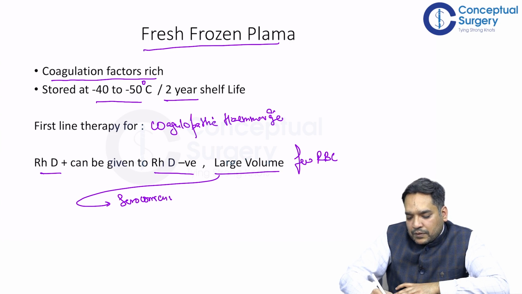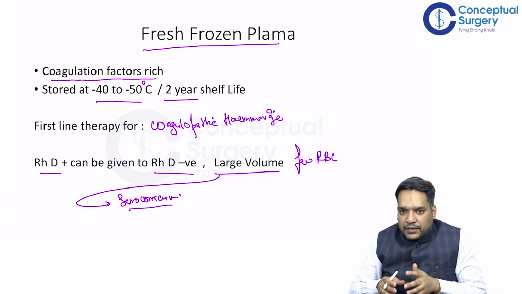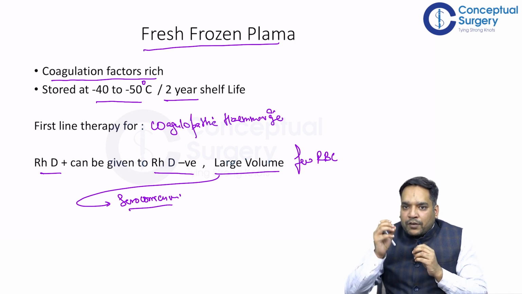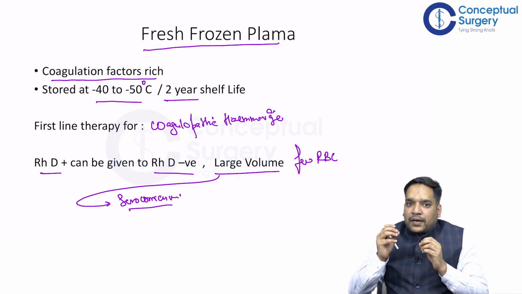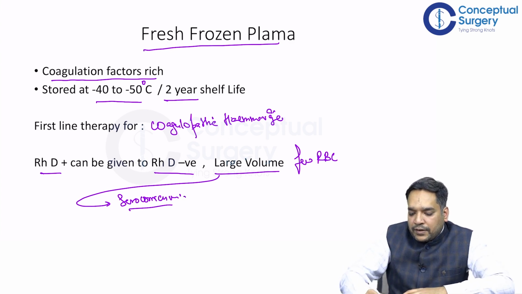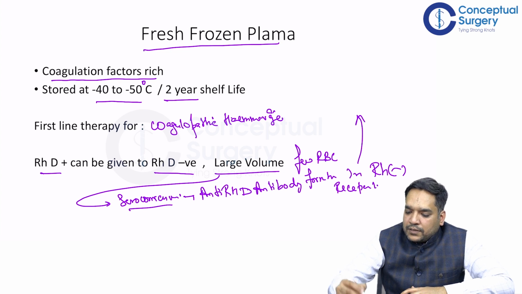If we are giving RH positive FFP to an RH negative patient in case of large volume, the FFP might also have RBCs, and these RH positive RBCs in an RH negative patient can lead to seroconversion, and this will lead to anti-RHD antibody formation in the RH negative recipient, right? So in this we should consider RHD immunization.